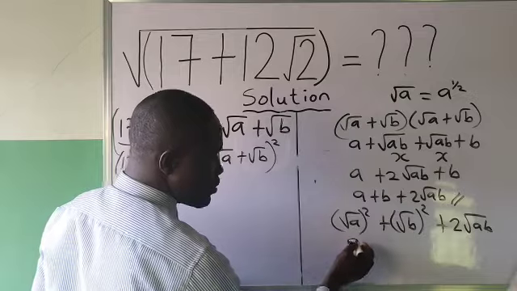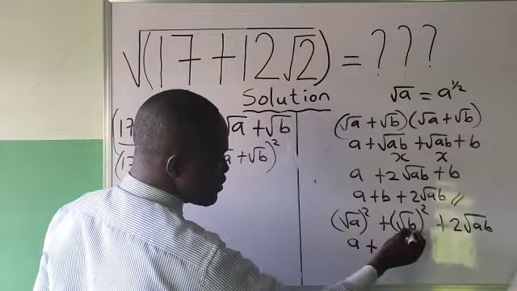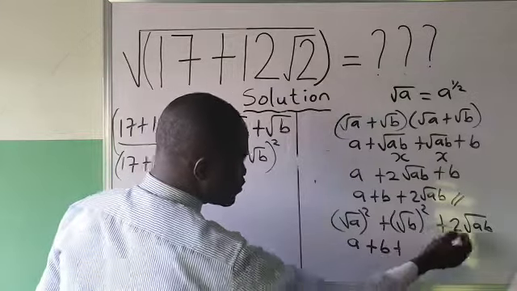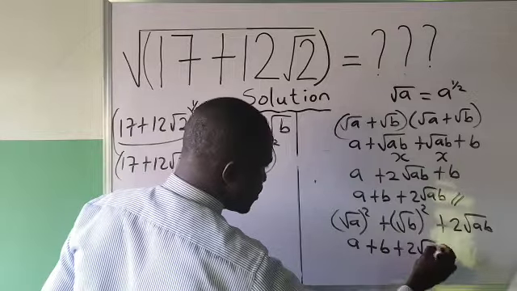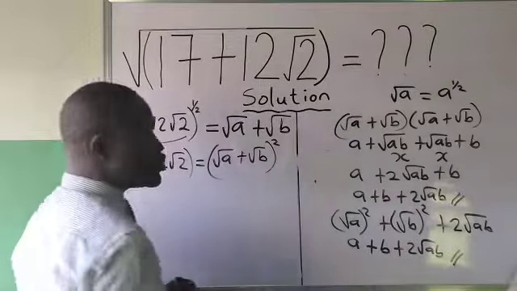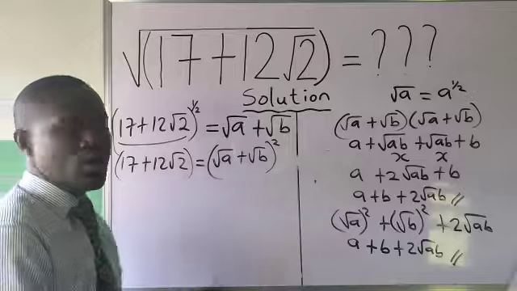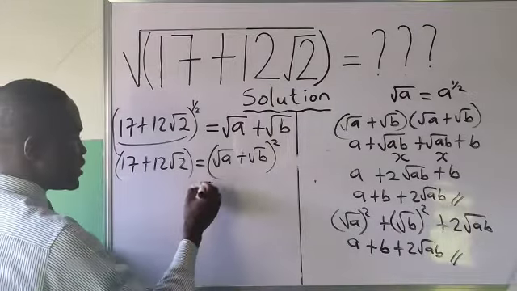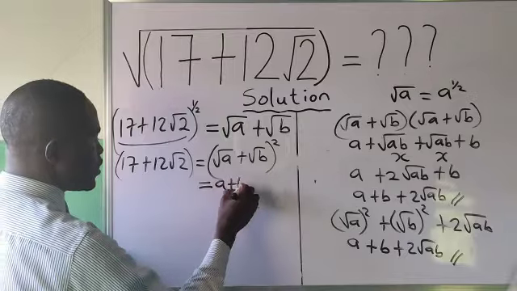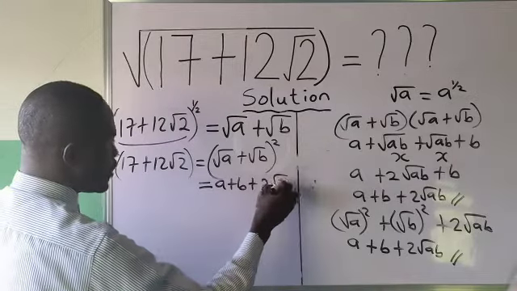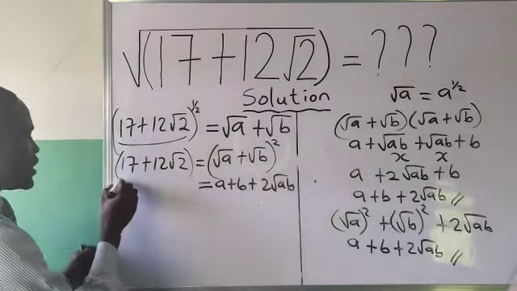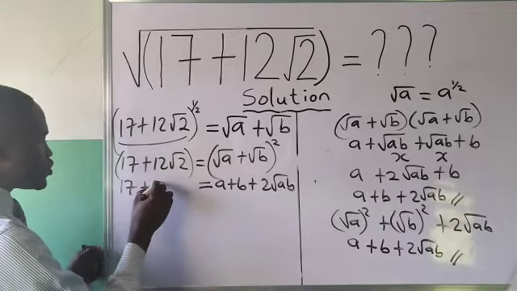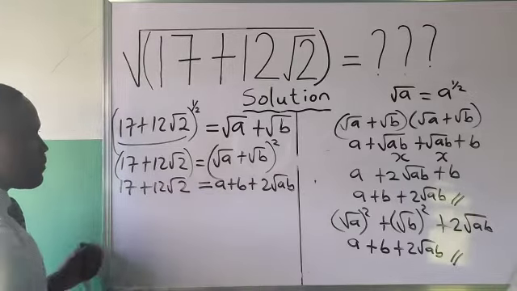This will automatically give you A, plus B, plus 2 root AB. Another method. So you can use any method you prefer. All that matters is you get your right answer. So we write this is equal to A plus B plus 2 root AB, and we say it is equal to 17 plus 12 root 2.